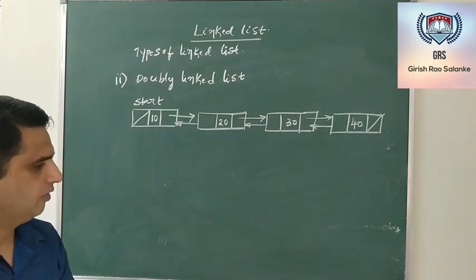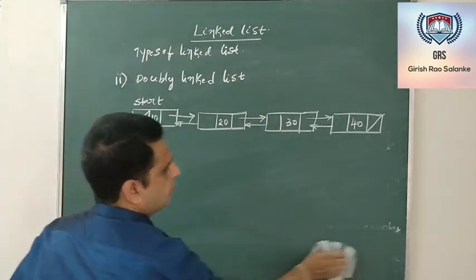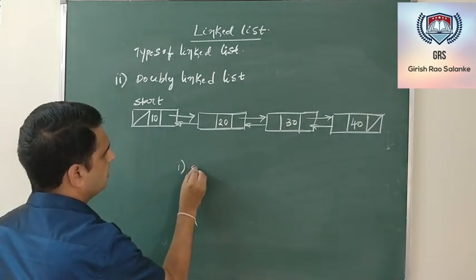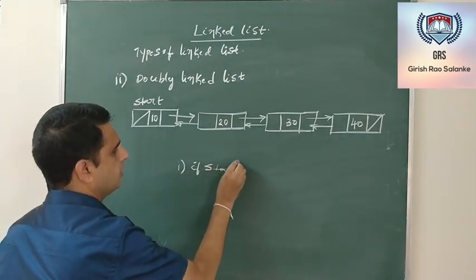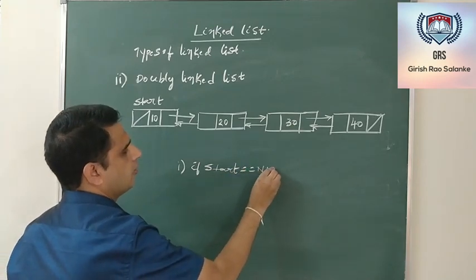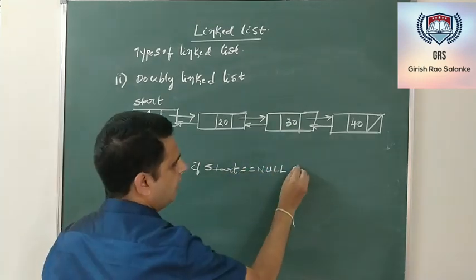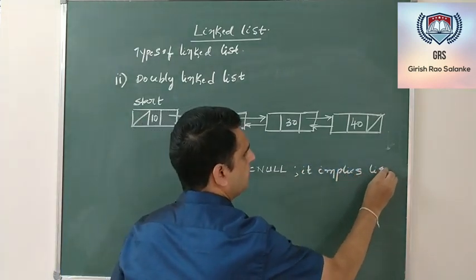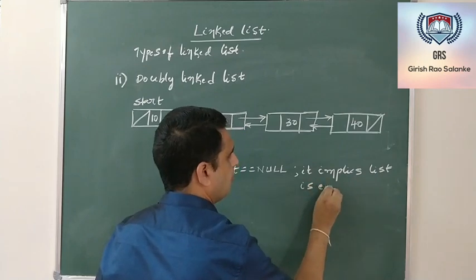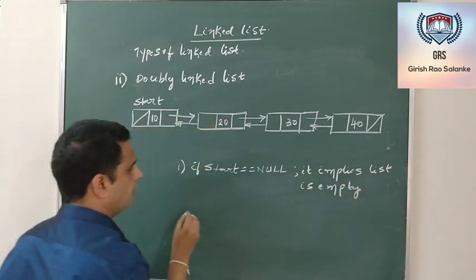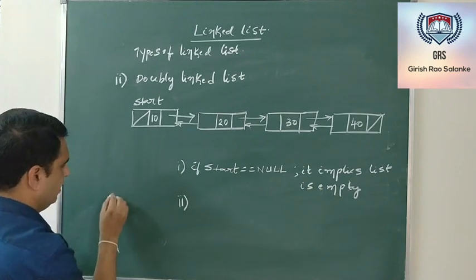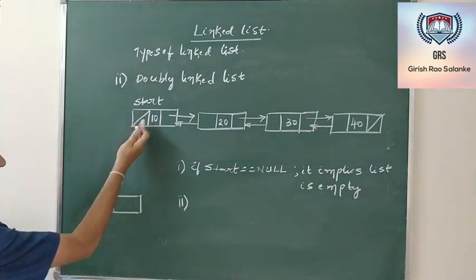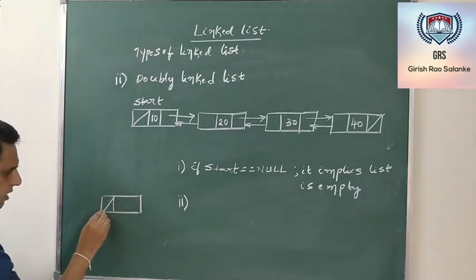Now what you can make out from this particular diagram is, some points to be noted. In this case, if start is not there, it implies the list is empty. Second point, in case of start, the left, that is the previous address, will be null.